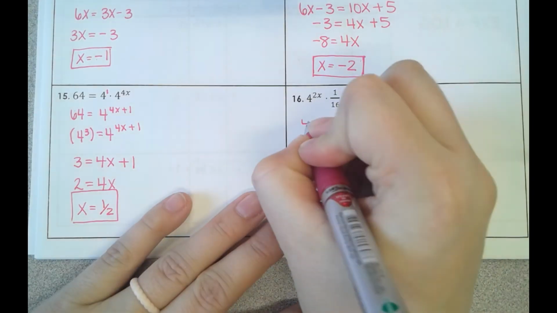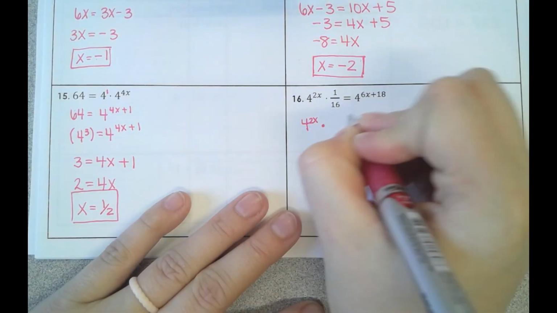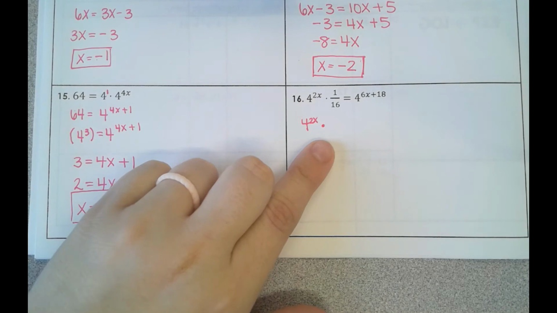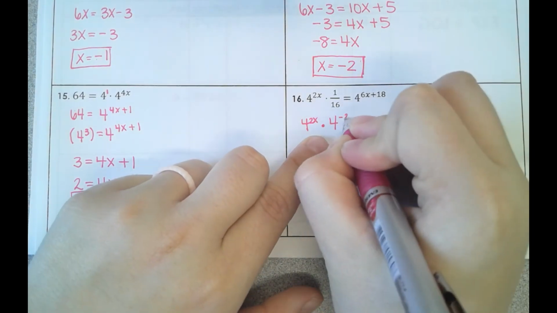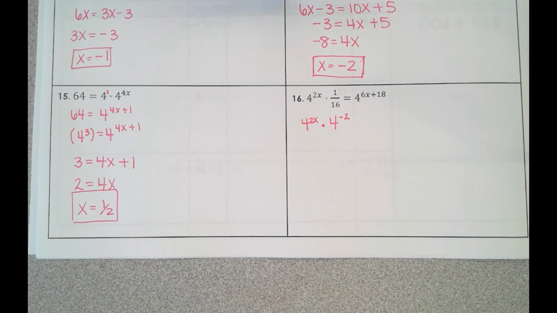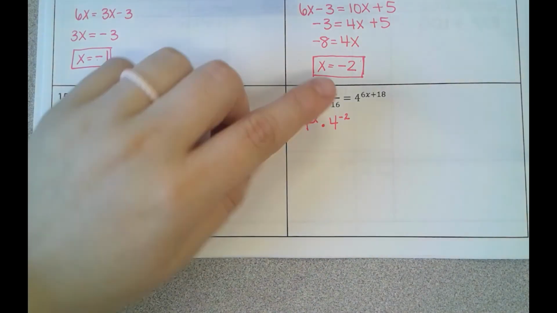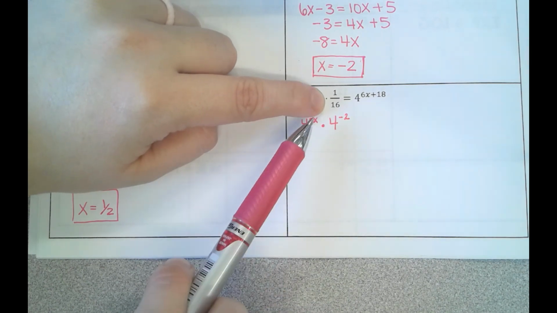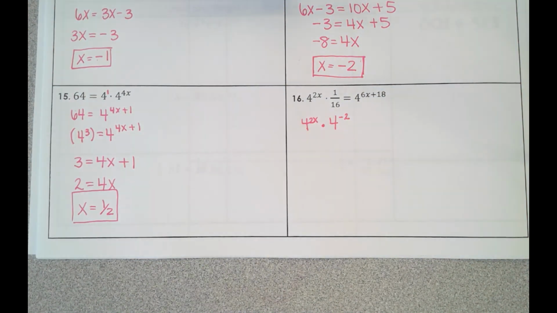Here we have 4 to the 2x power. How can I make this one have a base of 4? 4 to the negative 2nd power. Kind of like we had the 1 over 7. That was 7 to the negative 1. Well, 4 squared is 16. So if we want 1 over 16, that needs to be a negative 2.